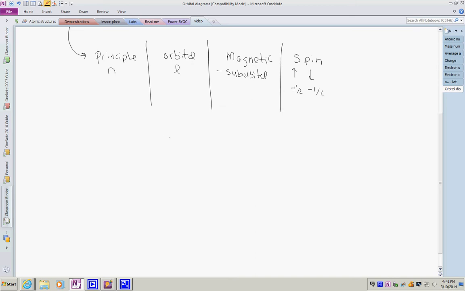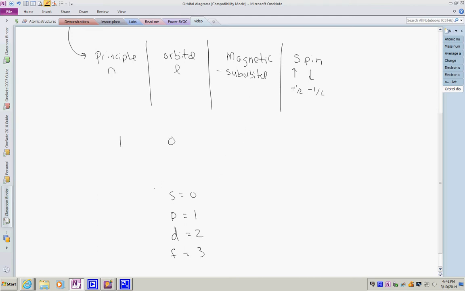So with the orbital, let's say we have principal quantum number 1, which contains an s orbital. That would be labeled as 0. So the s orbital is labeled 0, the p orbital would be labeled 1, the d orbital would be labeled 2, and the f orbital would be labeled 3.